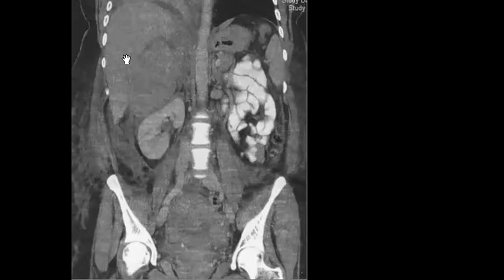You know that HELLP syndrome is hemolysis, elevated liver enzymes, low platelets, and a severe variant of preeclampsia. As you see, it presents with subcapsular and intraparenchymal hemorrhage in imaging. Typically it is in a primigravida before birth in the third trimester.